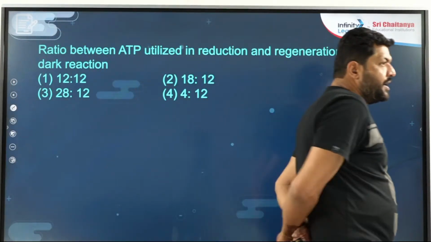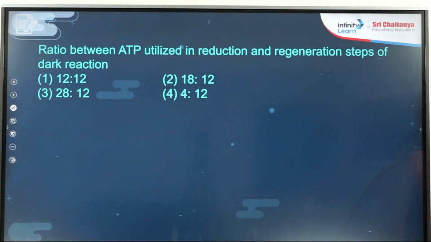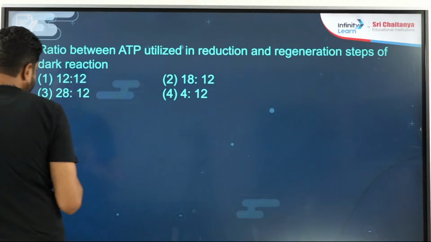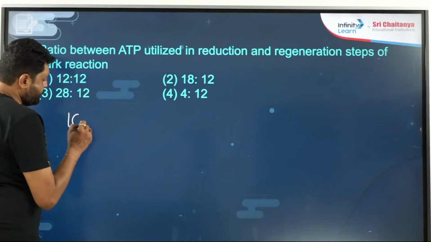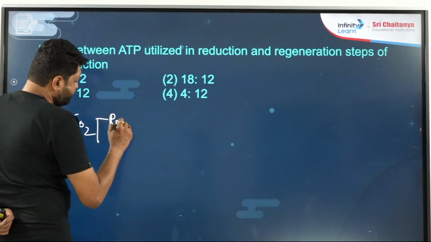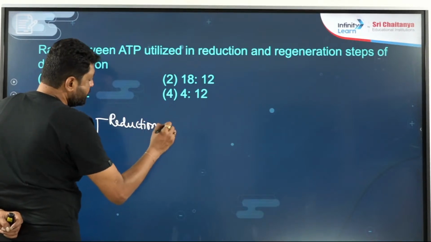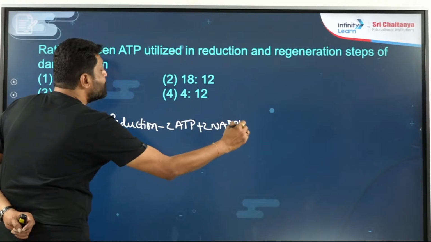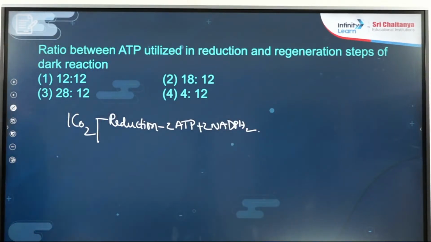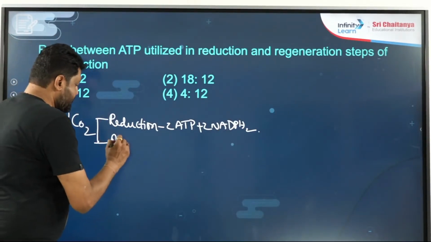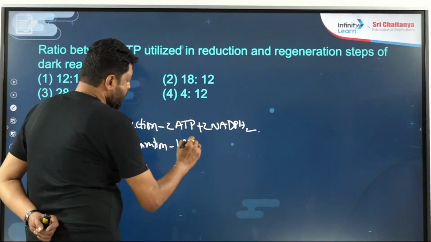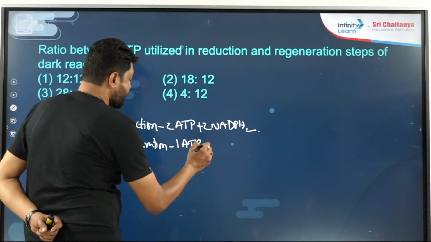The ratio between ATP utilized in the reduction and regeneration steps of the dark reaction. I told you already, students, 1 CO2 for reduction requires 2 ATP and 2 NADPH2. For regeneration, 1 ATP is required.